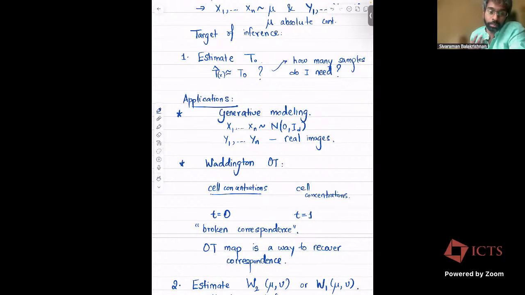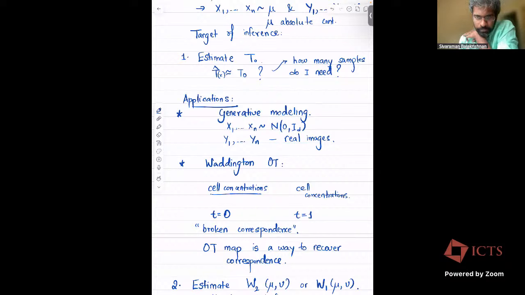But in principle, if you could estimate it, it seems like a very reasonable target. It is something that solves this and is well defined. If you cannot estimate it, then this is maybe why the whole generative modeling and diffusion models literature exists. The OT map is not that easy to estimate from samples, and there is no reason why you should want it if your only goal is generative modeling.